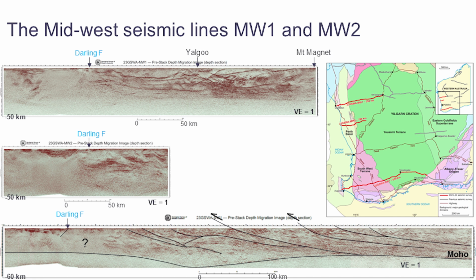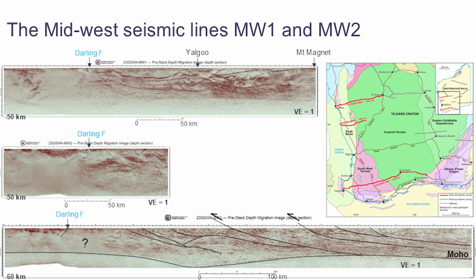The moho characteristics share similarities with what we saw on the Southwest 1 line. We also see a deepening of the moho in Midwest 2, which we don't really see in the same location on Midwest 1.